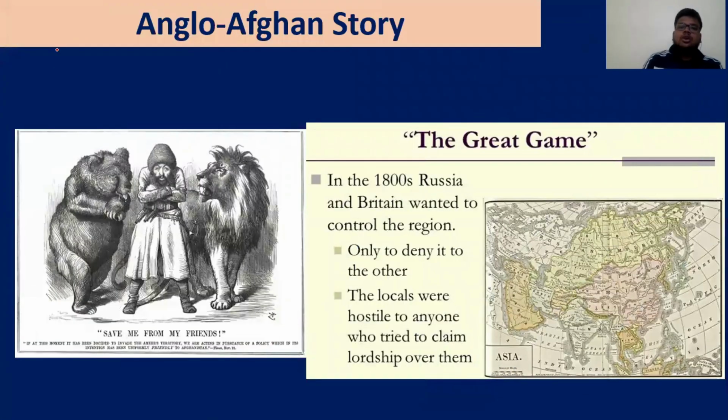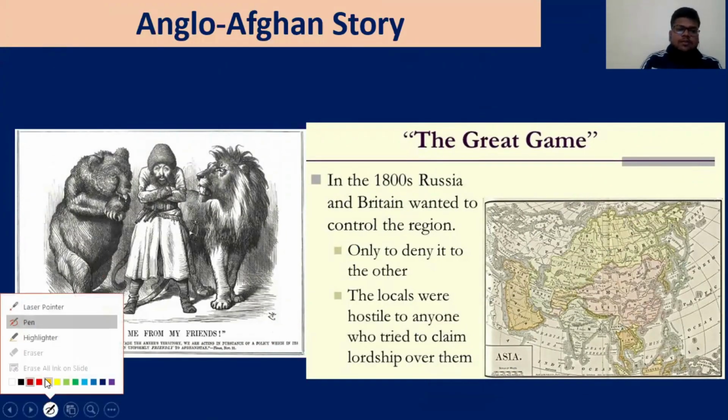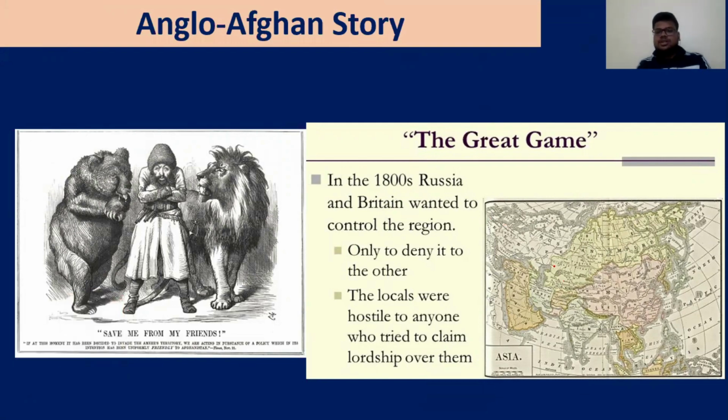First, start with the Anglo-Afghan story. Afghanistan has always been a place of the great games. Whether it was in the times of the British, with the Russian threat from here and the British here, or in 1979 when the Russian invasion happened, a very critical event as far as the world is concerned.